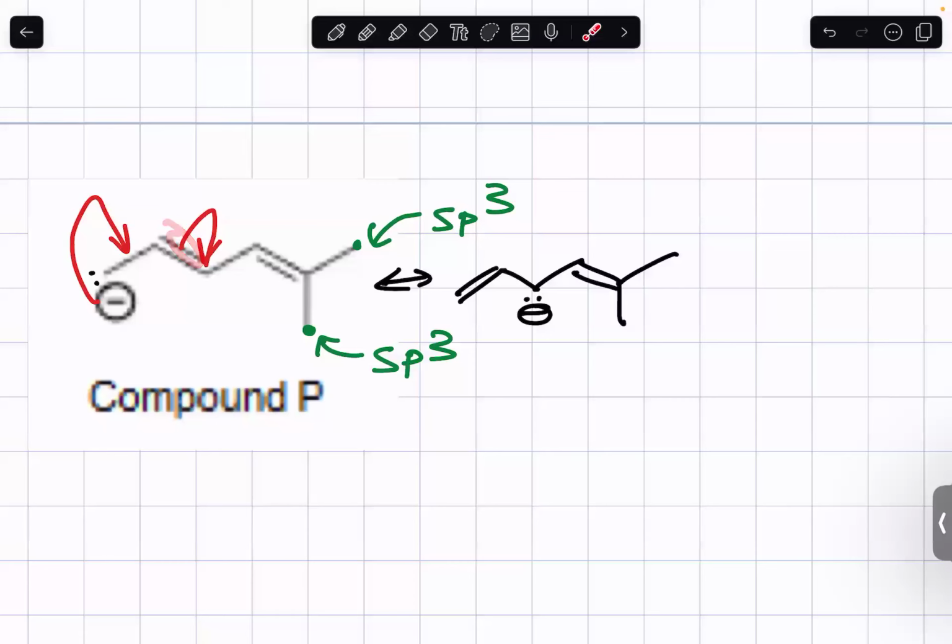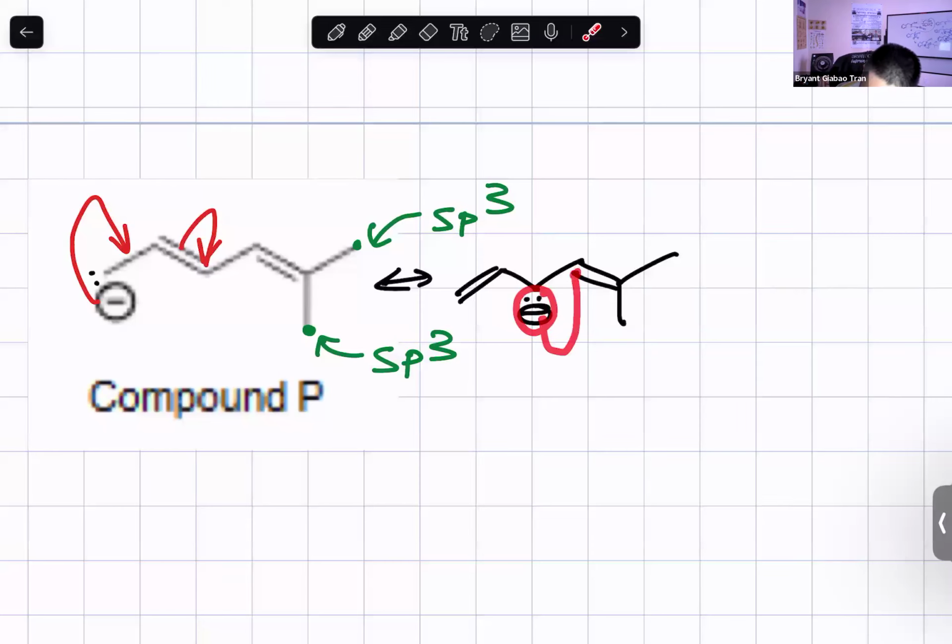This double bond here between these two atoms, one of the bonds here can go onto one of the carbons it's bonded to give a pair of electrons. This lone pair right here cannot jump over to give that carbon a negative charge like that. We have to do something very similar to what we did originally, where we have to make a double bond first. So we're going to use this pair of electrons to make a double bond right here. That's what we're going to do.